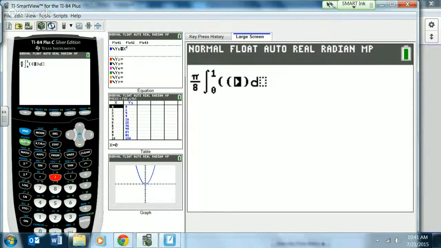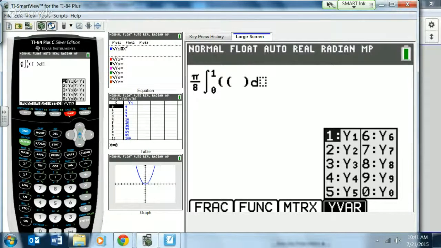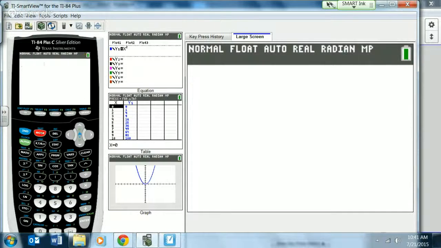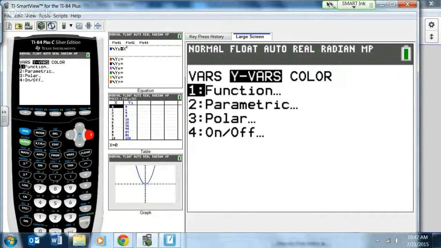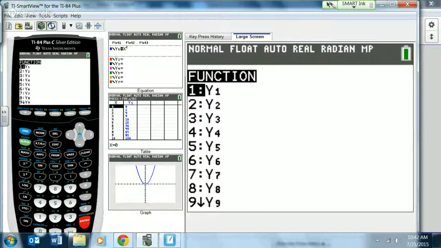So there's a couple ways to find y1 if you have the newer operating system. Alpha f4, it's right there, number 1. If you have an older operating system, or if you are working with an 83, you can go to vars. By the way, it's a good idea to get in the habit of opening up a new set of parentheses here. But go to vars, yvars, function, and there it is.